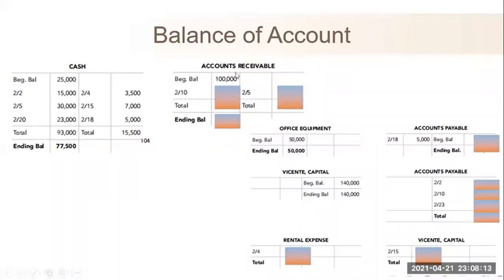And then for accounts receivable, yan, involved lang natin lahat ng naging transactions natin na merong accounts receivable. Yan, so meron tayong debit dahil siguro merong customer na nangutang sa atin muna pero kailangan natin i-provide yung service agad. Next time na lang magbabayad. And then meron tayong na-collect na 30,000. So balikan lang natin yung mga naging entries natin.